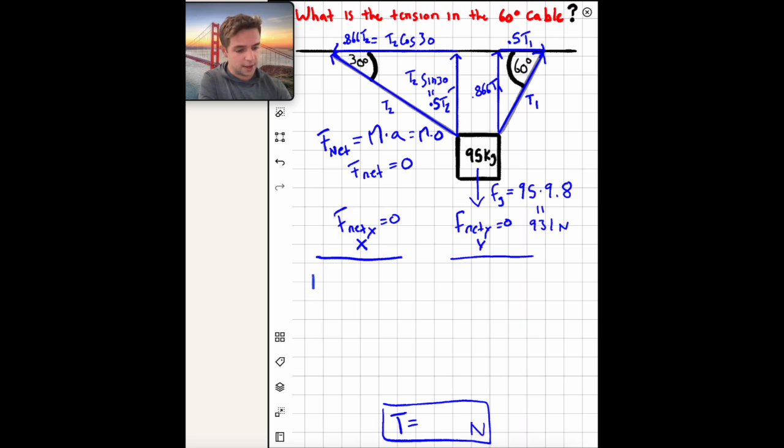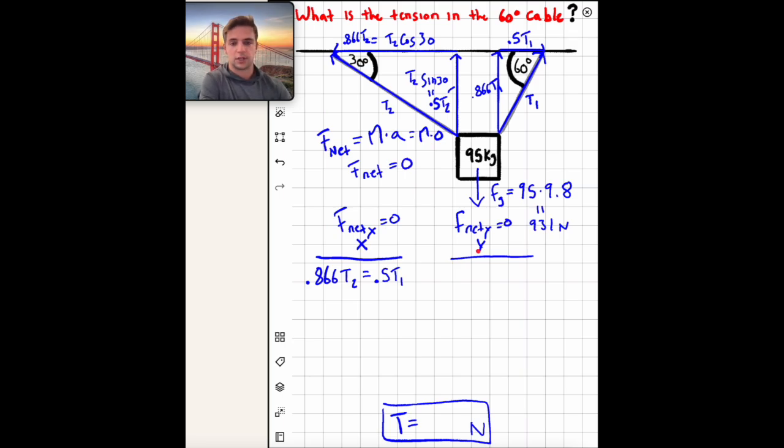So we can say that T2, the horizontal component here is 0.866 T2, so let's rewrite that, 0.866 T2 is equal to the magnitude of this other horizontal force, 0.5 T1. So that's our key equation in the horizontal direction.